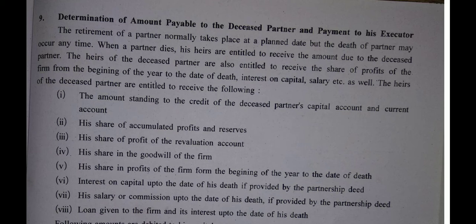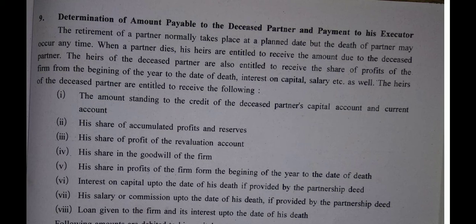Then interest on capital up to the date of his death, if provided by the partnership deed. What is partnership deed? It is given in the very first chapter of part 1. Partnership deed is an administrative constitution of partnership form.